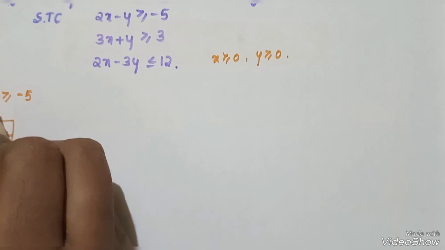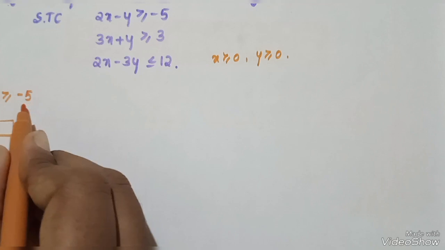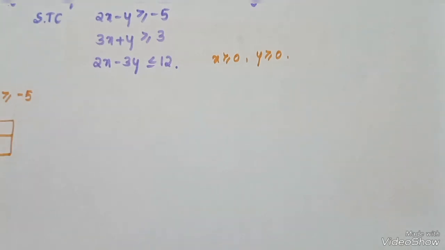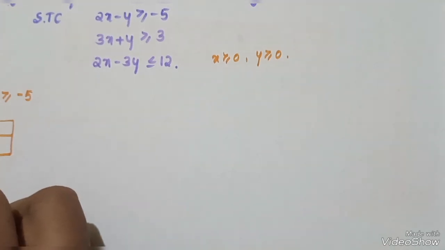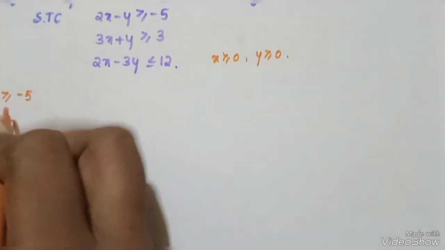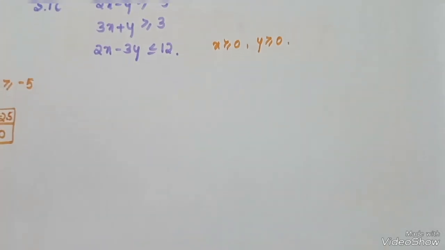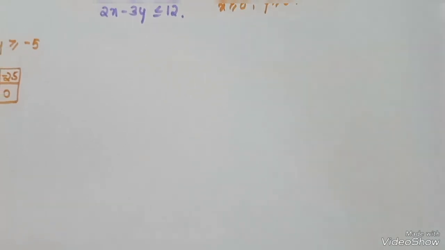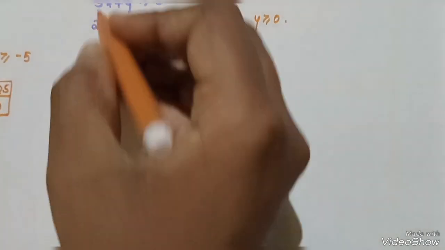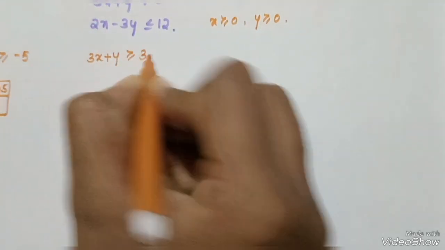Again, put y is equal to 0, then we get x is equal to minus 5 by 2, that is minus 2.5. For x is 0, we get y as 5, and for y is 0, we get x as minus 2.5. Again I am considering 3x plus y greater than or equal to 3.